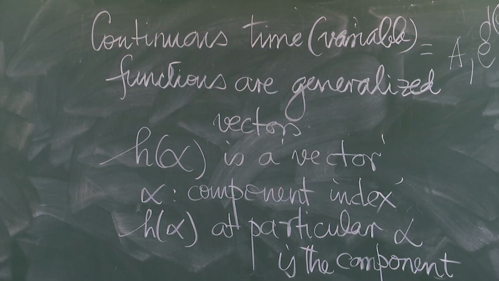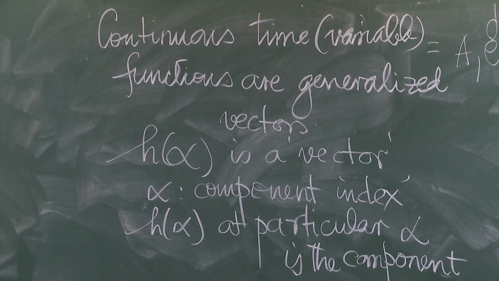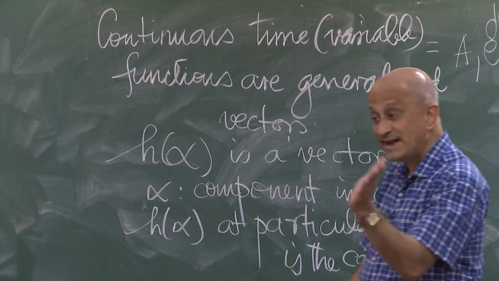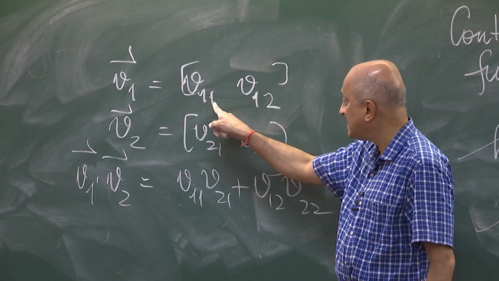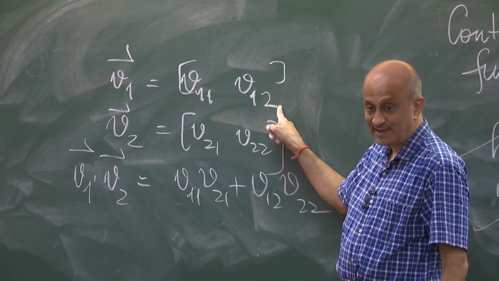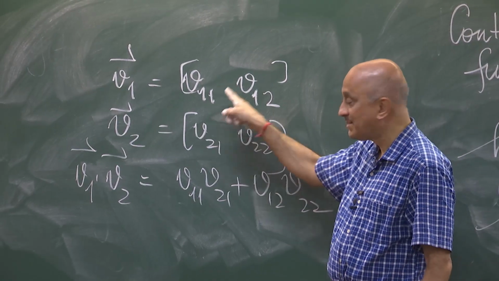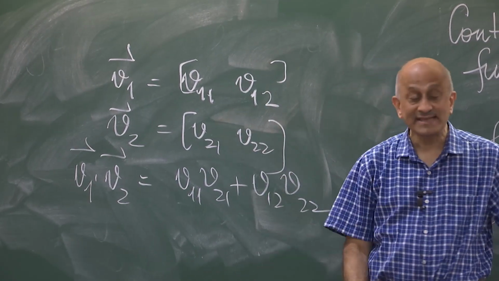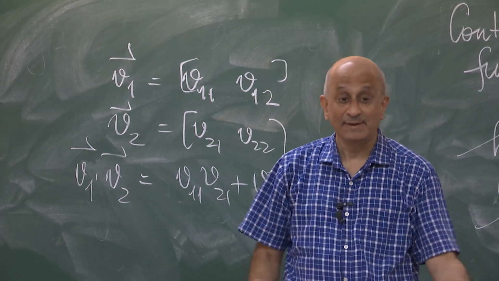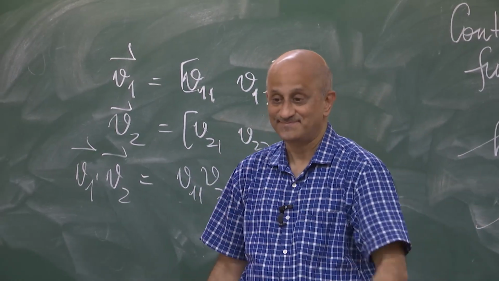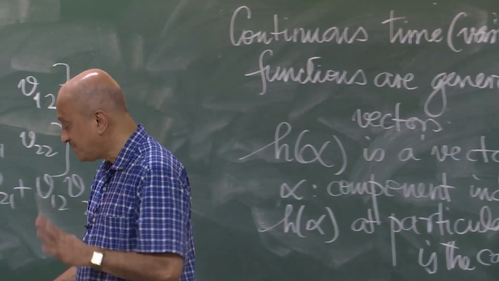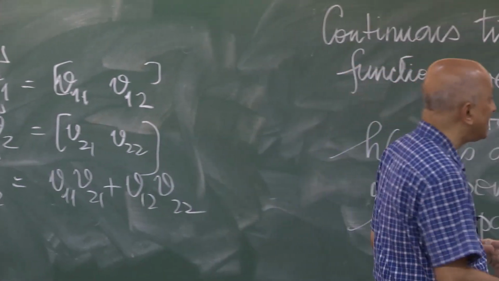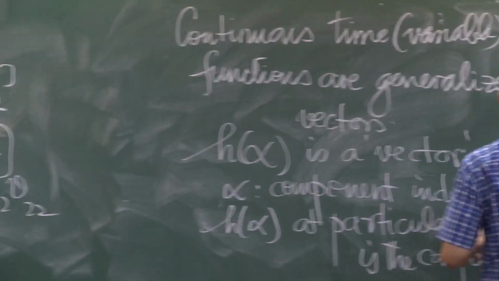Do we see this? So, h alpha is a vector. Alpha is the index. Like for example, here, what are the indices? The indices are 1 and 2, isn't it? Component number 1, component number 2. So, there is a component number alpha, but alpha is a continuous variable. And similarly, e raised to the power j omega naught alpha is also a vector.